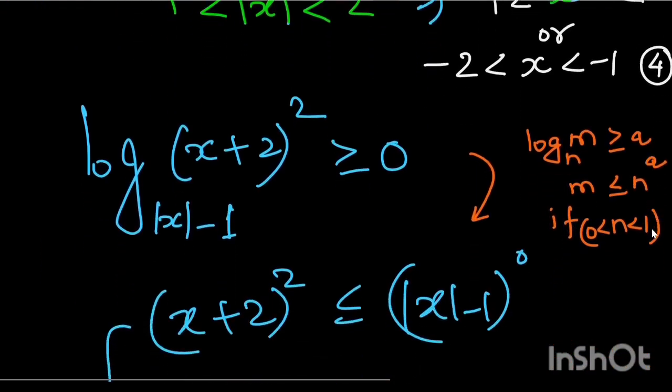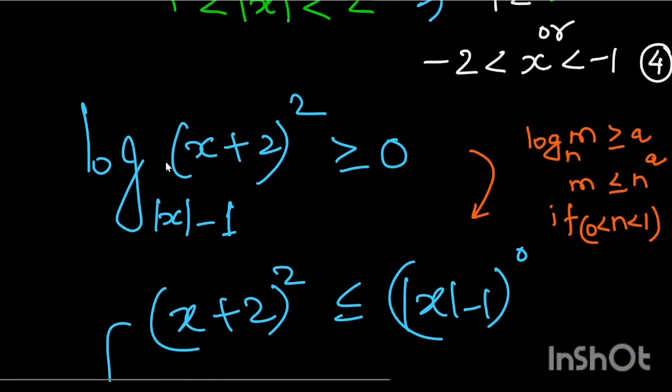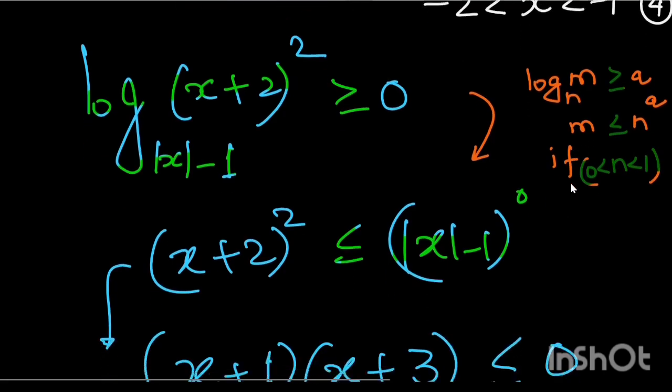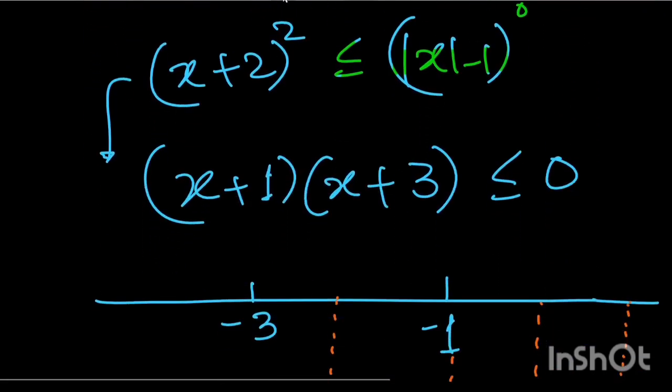So now we will solve this equation. So x minus 1 mod x minus 1 will go and will push 0 up. The sign from greater than would be reversed. Why? Because the base is 0 to 1, so the sign reverses from greater than to less than. So again the calculation is the same as in case 1, so I won't write all these steps.